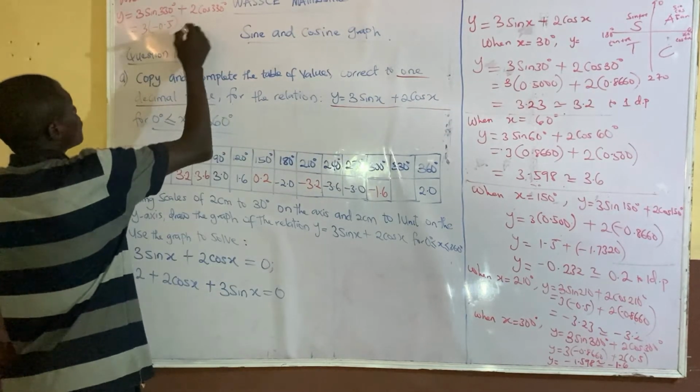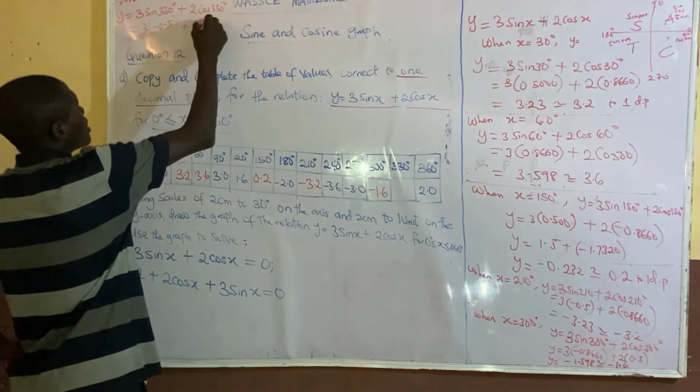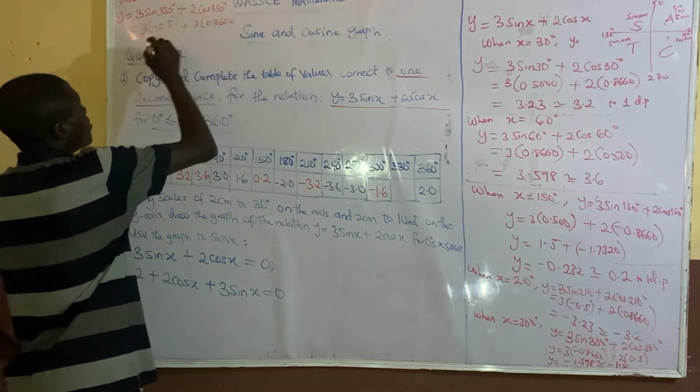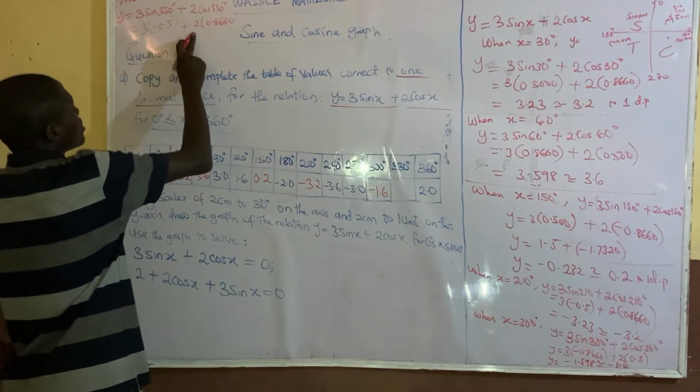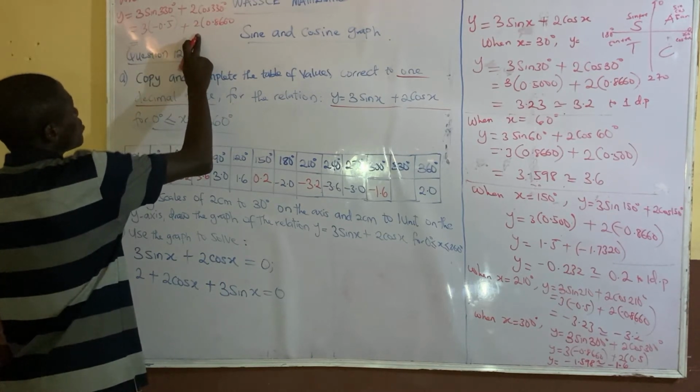So we have plus 2 into bracket 0.8660. So when you have this one, it's minus 1.5 plus 1.732.